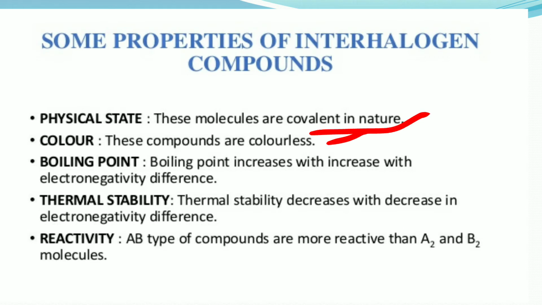Thermal stability decreases with decrease in electronegativity difference. And reactivity: the AB type of compound is more reactive than A2 and B2 type molecules, because AB types have atoms of different sizes, so the electronegativity difference increases and the molecule becomes more and more reactive.